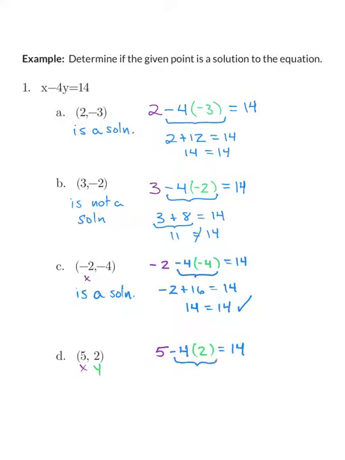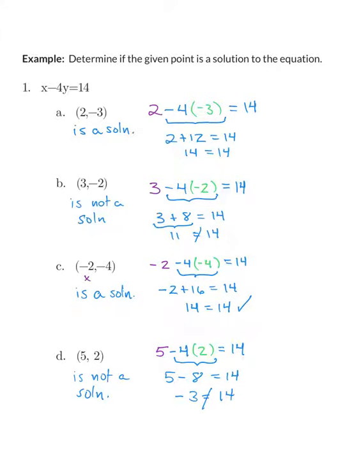If we multiply, 4 times 2 is 8. Well, 5 minus 8 is -3, and that is not equal to 14. So (5, 2) is not a solution.